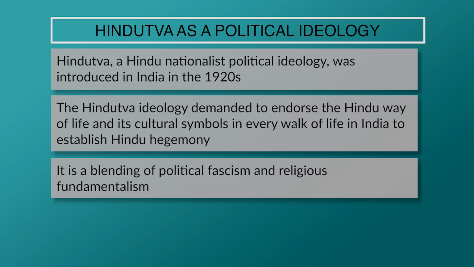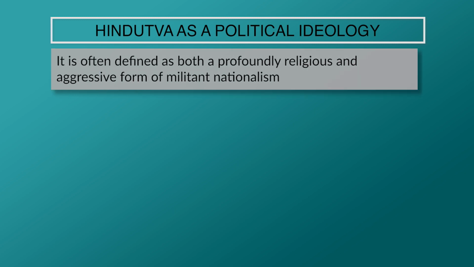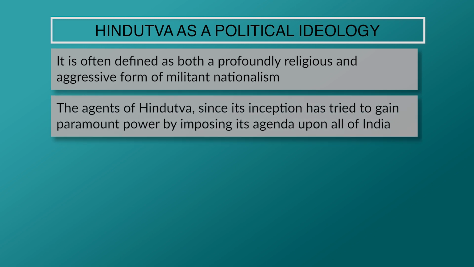It is a blending of political fascism and religious fundamentalism. It is often defined as both a profoundly religious and aggressive form of militant nationalism. The agents of Hindutva, since its inception, have tried to gain paramount power by imposing its agenda upon all of India.